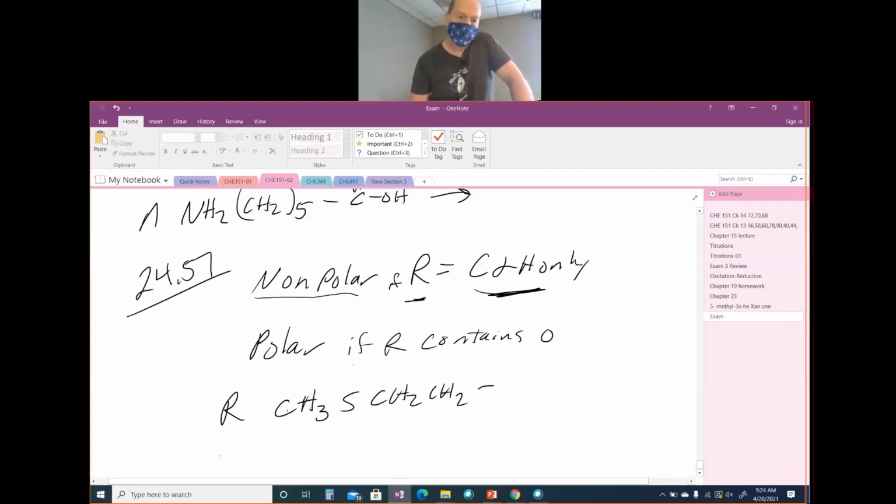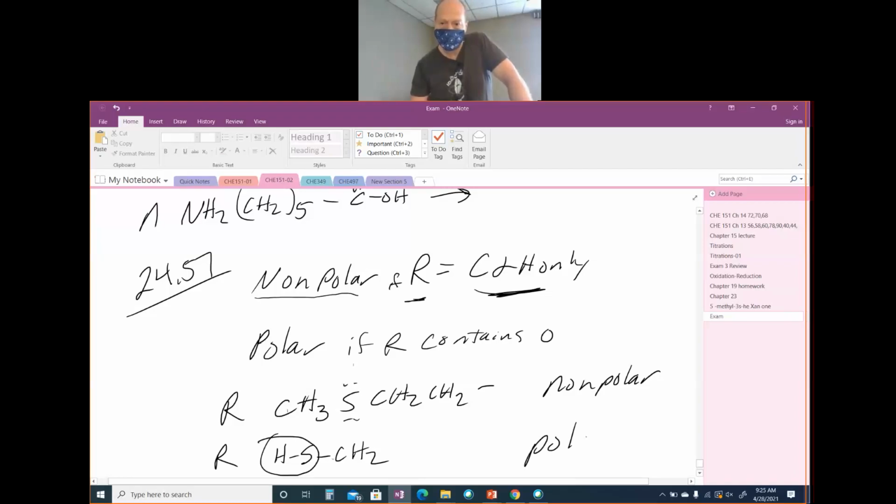All right. And so this is a very good problem because they give you cysteine as well. It's the two amino acids where the R groups contain sulfur and CH2. So that's the R group. So when the sulfur is between two carbons, then it is non-polar. If the sulfur has a hydrogen attached to it, then it is polar.